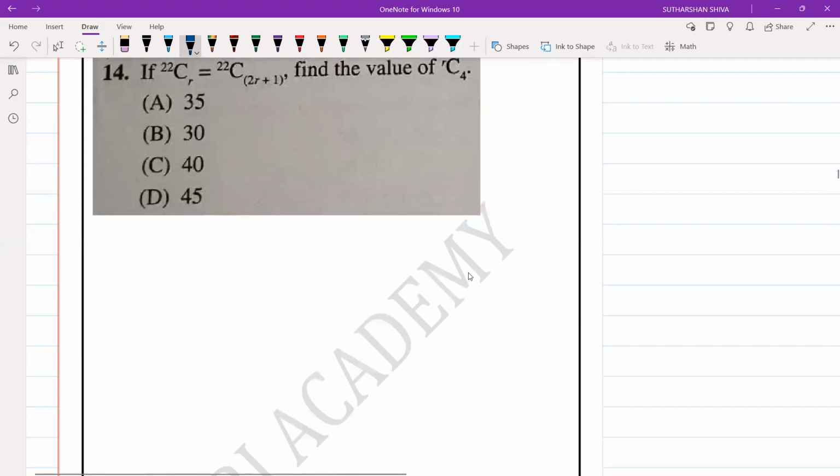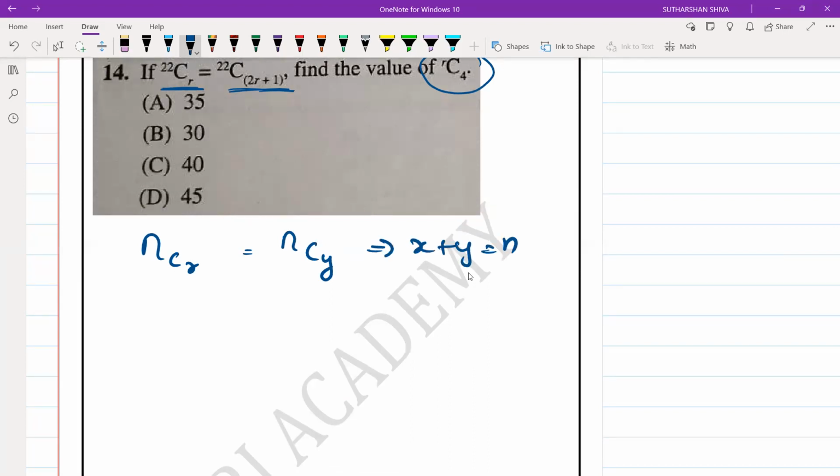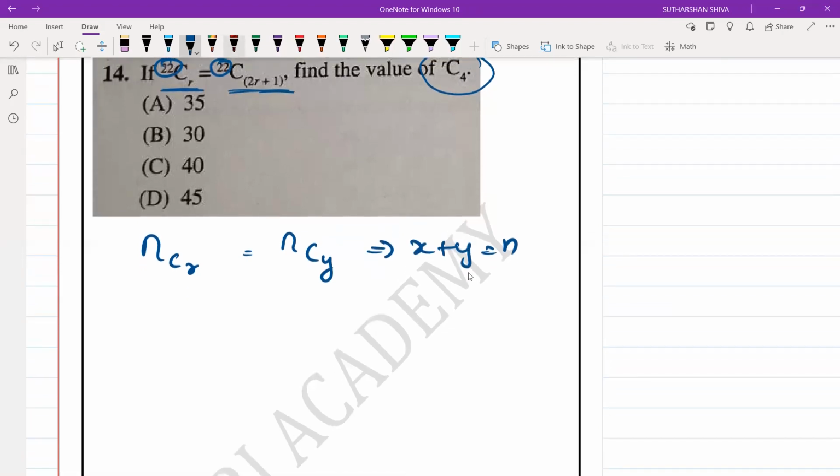Question number 14. 14 is another interesting question. That is, if 22CR and 22C to the base 2R plus 1 are equal, find RC4. Well, we have a property, that is NCX equal to NCY, then X plus Y equal to N, because when N are the same, we can use this property.